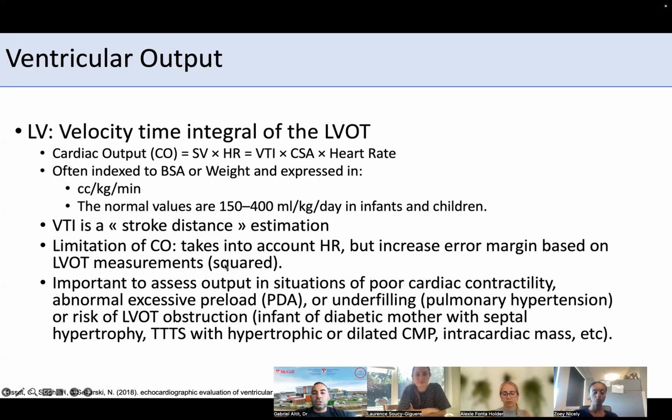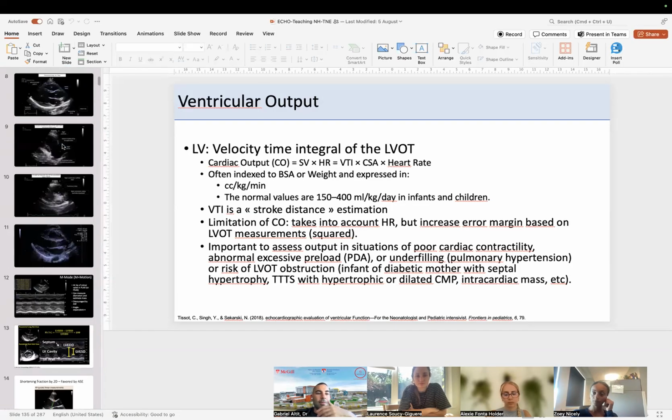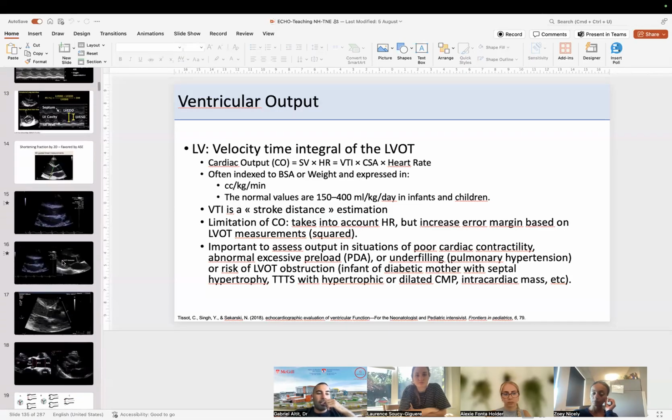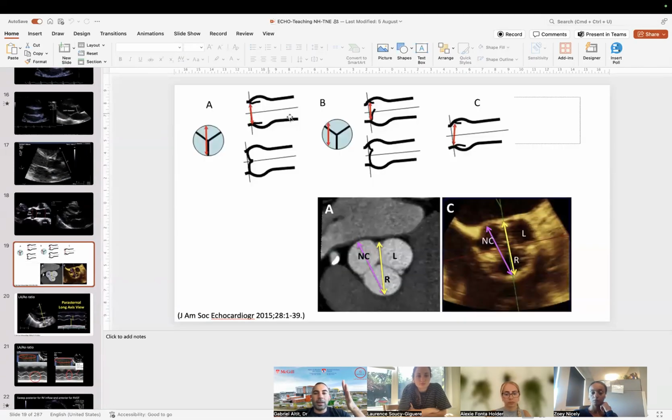Of course, the limitation is that you get an increased error margin based on the LVOT measurement. I don't know if you remember, but I showed you that the LVOT measurement is highly dependent on the angle of where you're capturing this value. So you could see that depending on where you're capturing it, you might change a lot how your LVOT is being measured. And it also is not a circle. It almost looks like a flower.